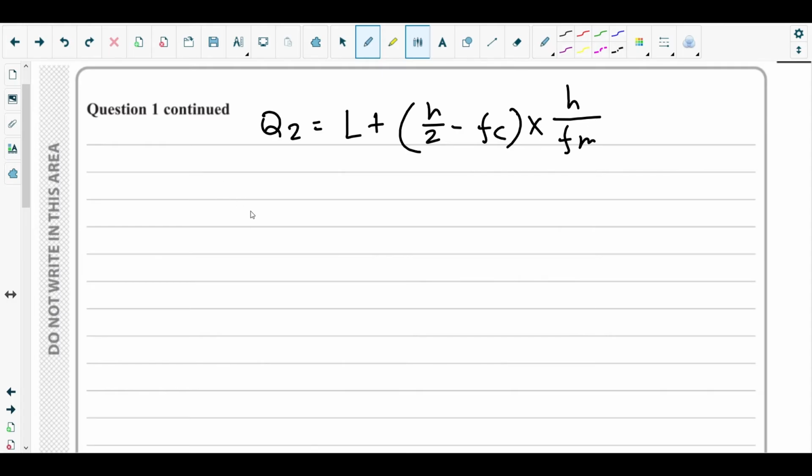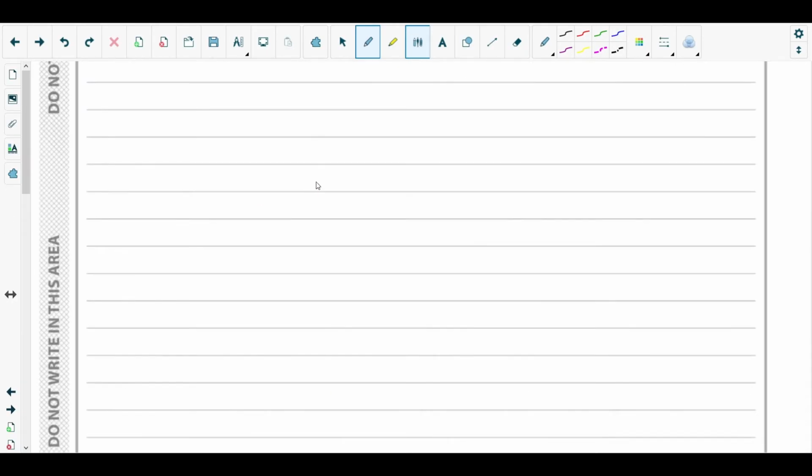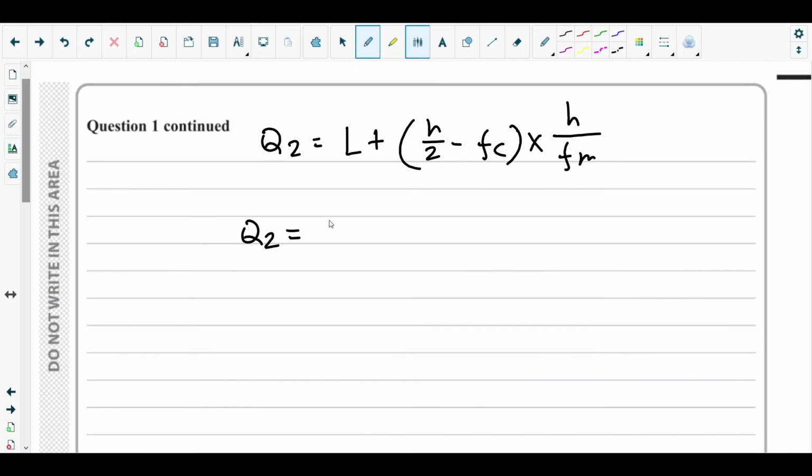L is the lower limit of the median class, which is 13. n over 2 is 204, minus fc. fc is the cumulative frequency of the class previous to the median class, which is 184.